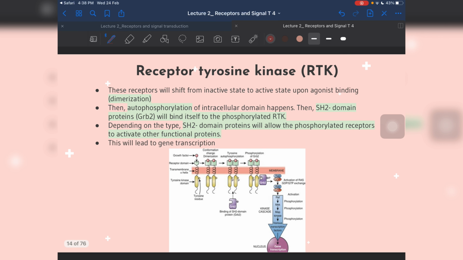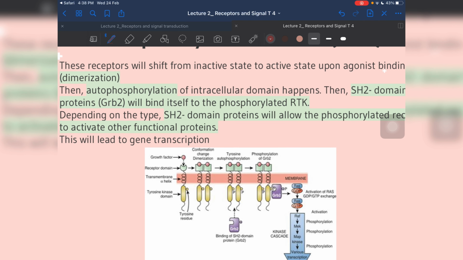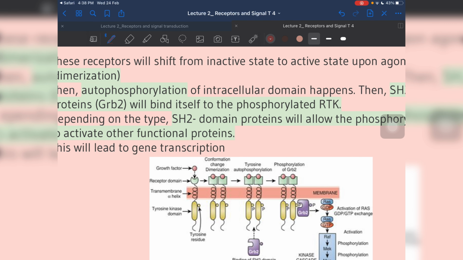Let's talk about one of the enzyme linked receptors, which is RTK. This is an example. Let's use the growth factor as the ligand for this receptor. This receptor will shift from an inactive monomeric state to an active state when they are dimerized. This is followed by the autophosphorylation, the cross-phosphorylation that we mentioned just now.